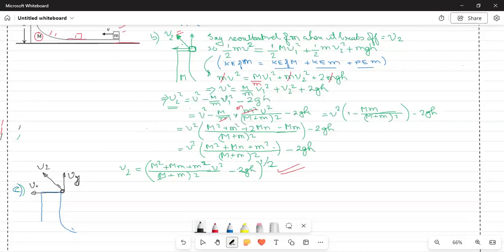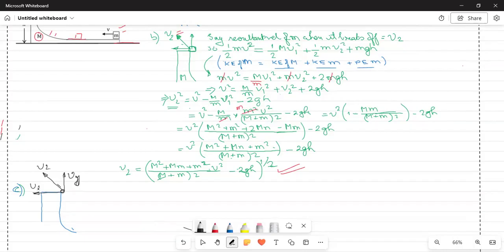This horizontal component is actually the velocity of the bigger block V1, which we have already deduced.